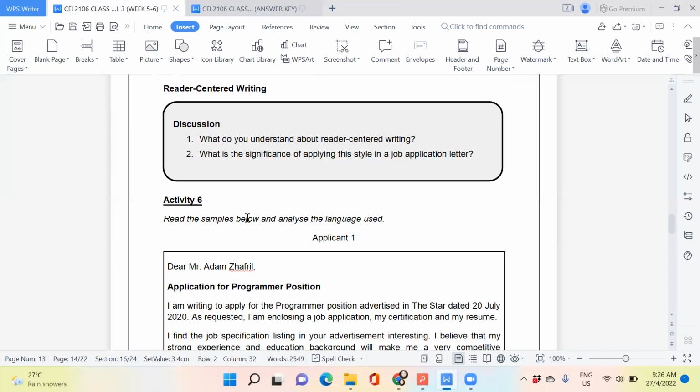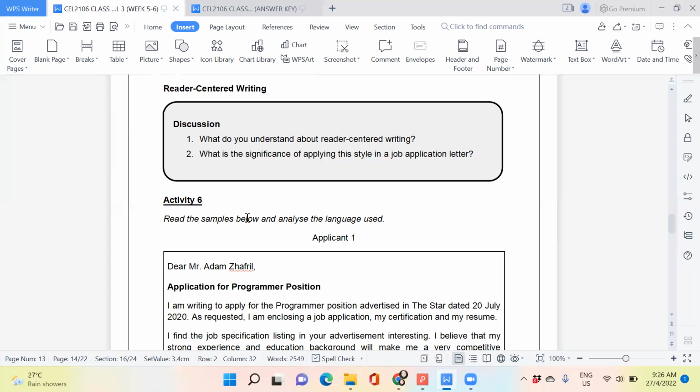In this particular letter, of course, you have to give some sort of a promise to the hiring company. So for example, if they hire you, what will you do? What can you contribute? What will you contribute to the company? Okay. So those are the things that you might want to include in your letter to keep your readers reading.